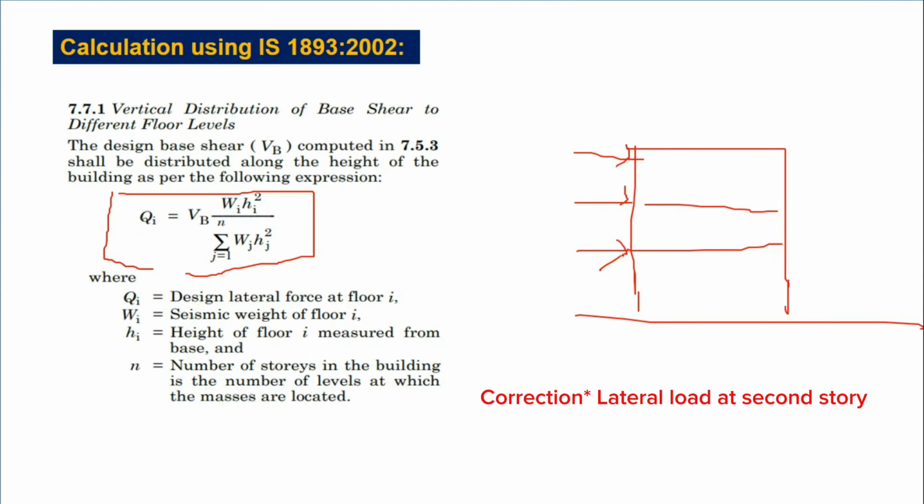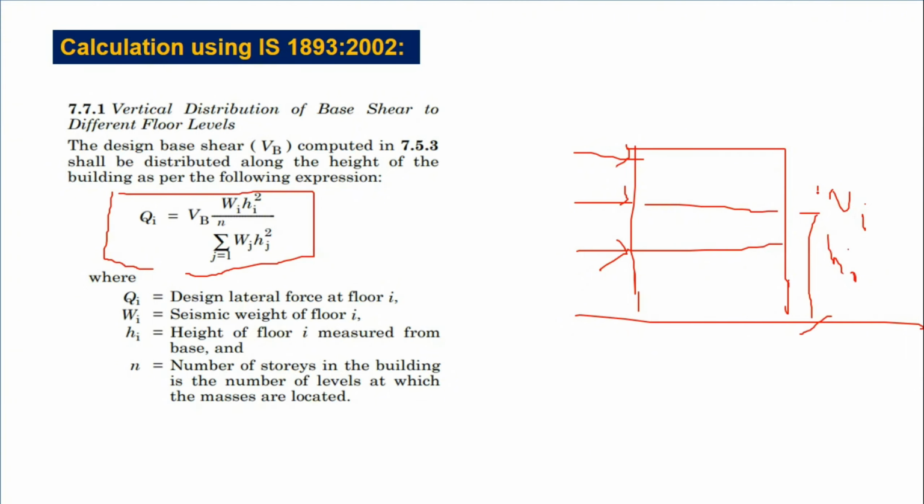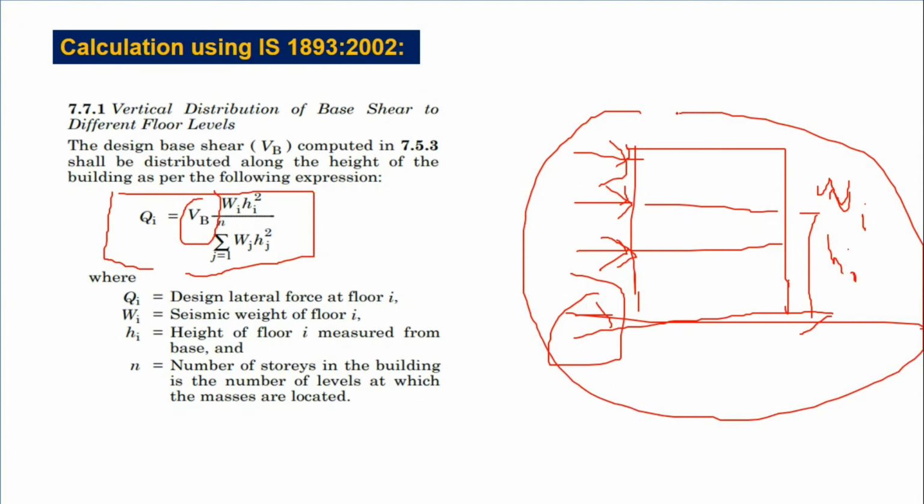If we are calculating the lateral load at the second story, then we have to take the total height from plinth level as hi, and wi will be the seismic weight at the second story. Then VB is the total base shear at the bottom of the building that we calculated using the previous formula. By this we can calculate the total lateral load at each floor level, and we can easily design structures for the seismic load using the static analysis procedure.